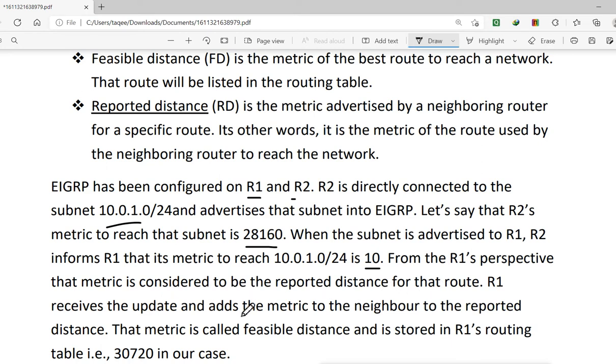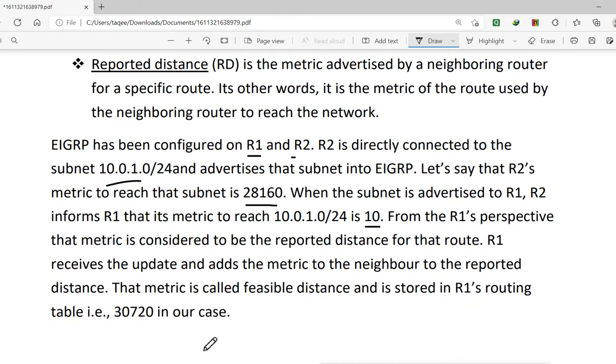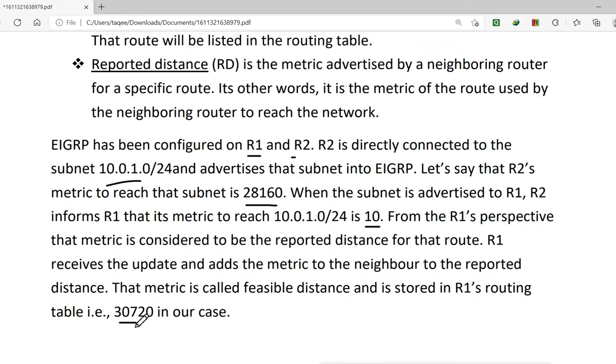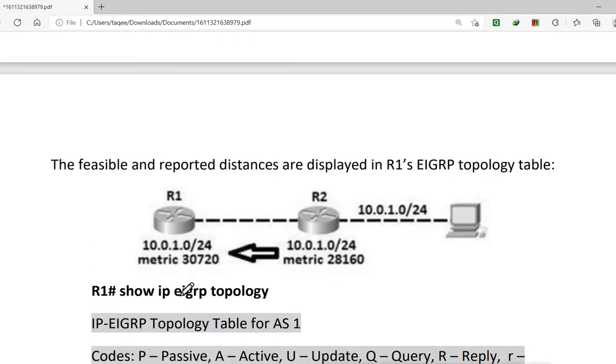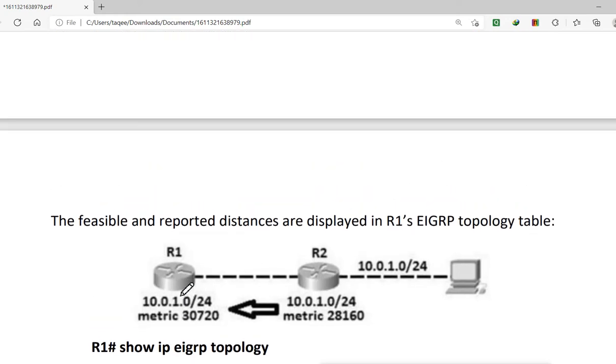Router 1 receives the update and adds the metric to the neighbor to the reported distance, and that metric is called the feasible distance, and it is stored in router 1's routing table. So it will be like this.